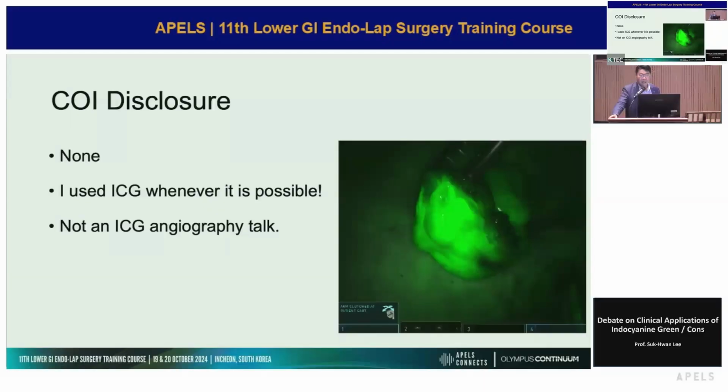In my practice, ICG is not always possible because we have a limited number of ICG-available laparoscopic systems. So I will not talk about ICG angiography. I will just talk about ICG lymphangiography.